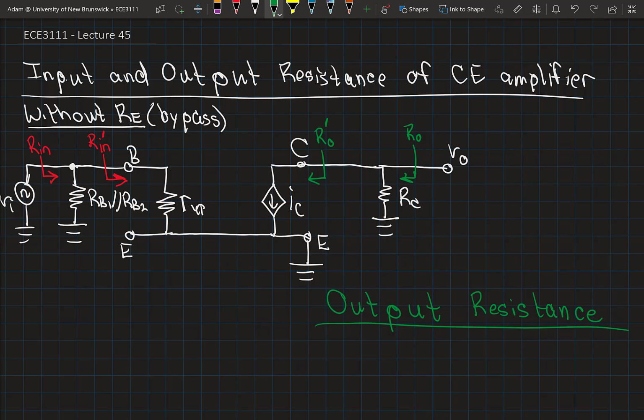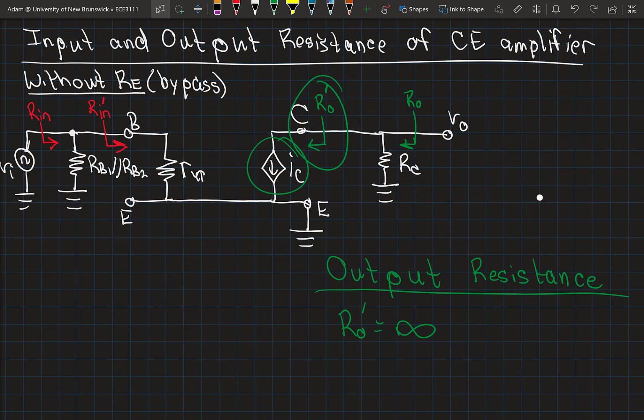When you've done Thevenin equivalent circuits, you assess the resistance looking back into a circuit: voltage sources you short out and current sources appear as open circuits. So from the perspective of the collector directly, the output resistance here, RO prime, is going to appear infinite because this appears like an ideal current source. So RO prime is infinite.